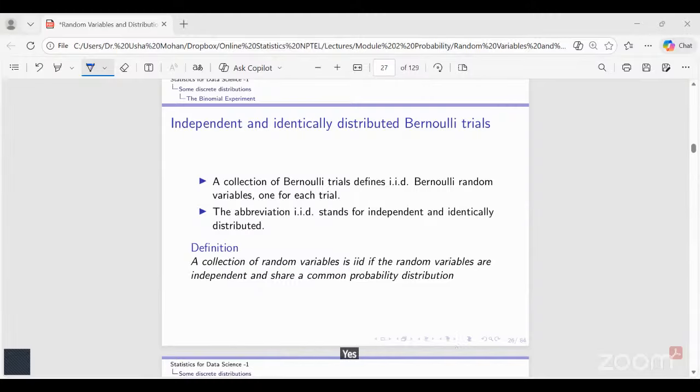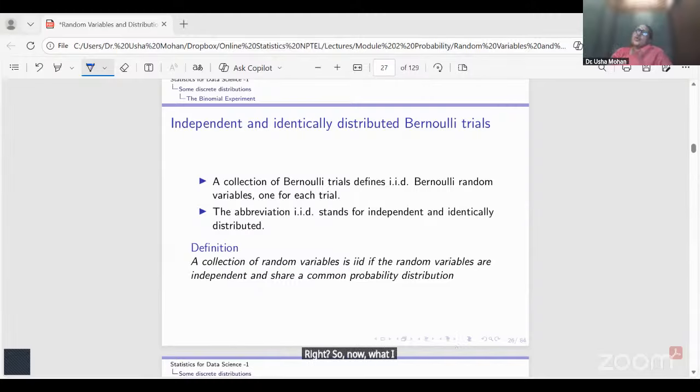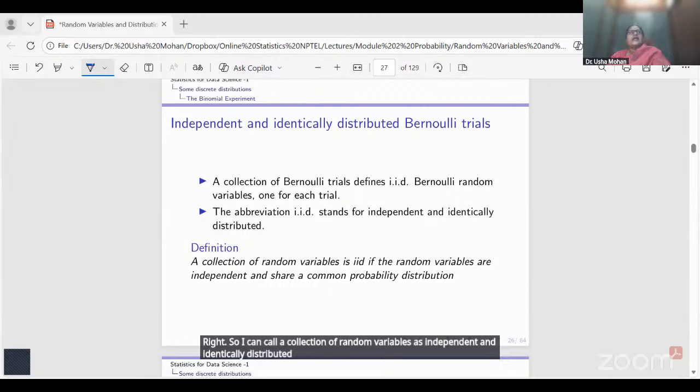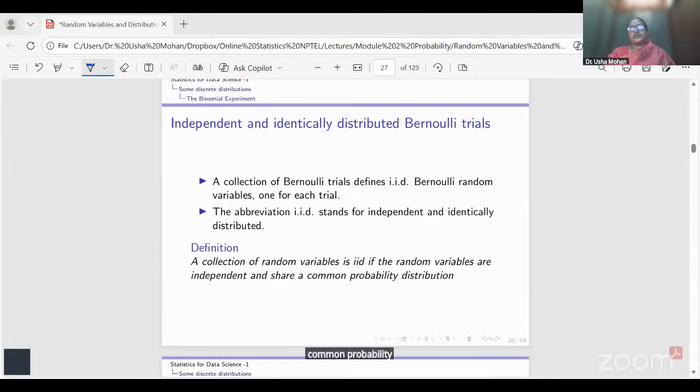Right? So what I discussed for 2 trials, I can extend to 10 trials also. I can call a collection of random variables independent and identically distributed, IID, if the random variables are independent and they share a common probability distribution. Okay.